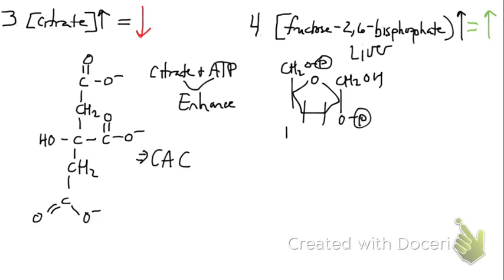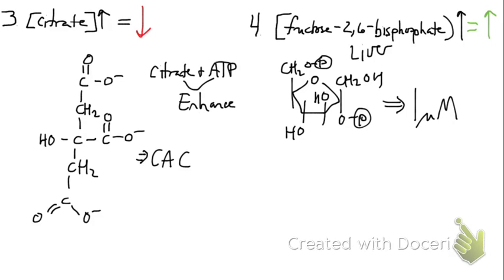It's very similar to fructose 1,6 bisphosphate, but instead it's fructose 2,6 bisphosphate. And so what we actually see is that 1 micromolar of this compound is enough to reverse the inhibitory effect of ATP. And not only does it reverse the effect, it increases the affinity of PFK1 for its substrate.